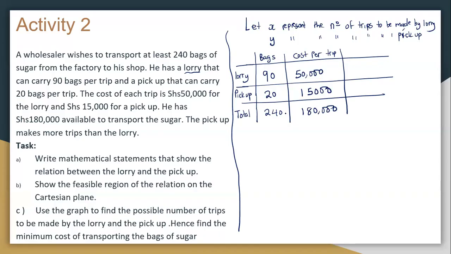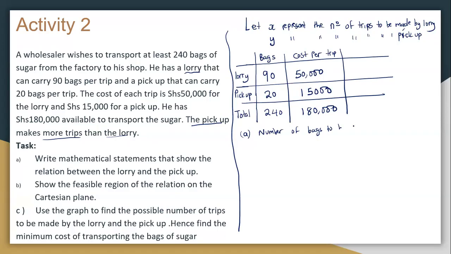After summarizing your data like that, not everything in the question you can have summarized in the table. For example, this statement, the pickup makes more trips than the lorry, you may not be able to summarize in the table, but you must have it somewhere. So now we extract the first one. Part A, the number of bags to be carried.